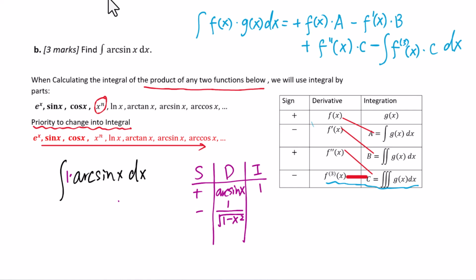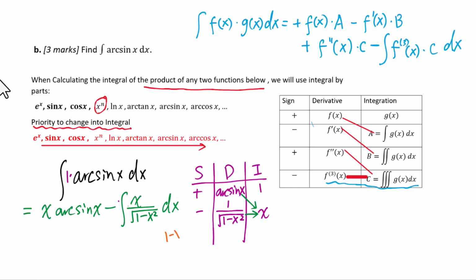Integral of 1 is x. We will write down the answer like this: equals x times arc sin x, then minus integral x over square root 1 minus x squared dx.